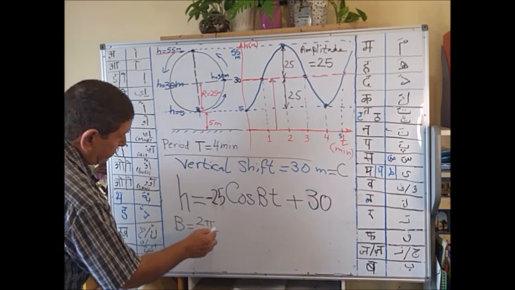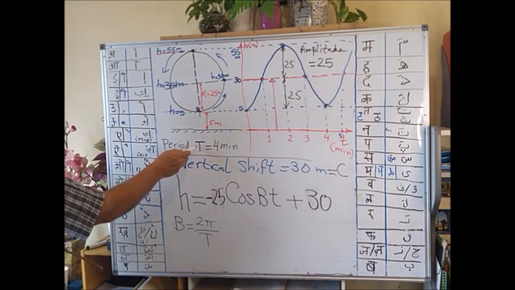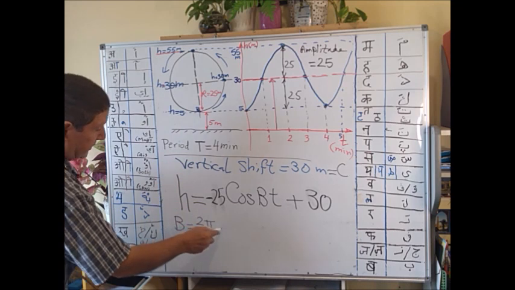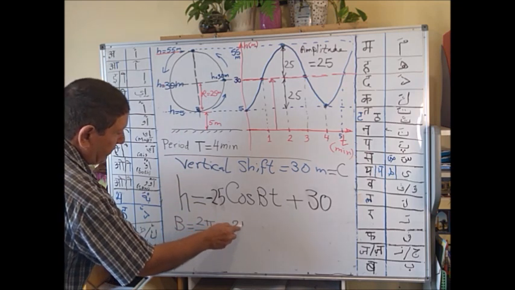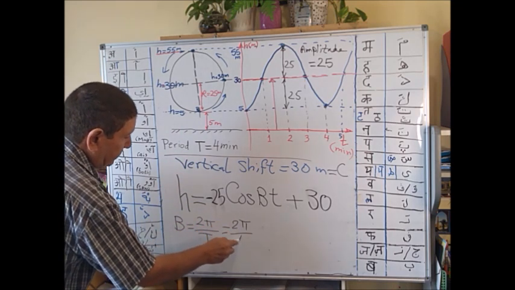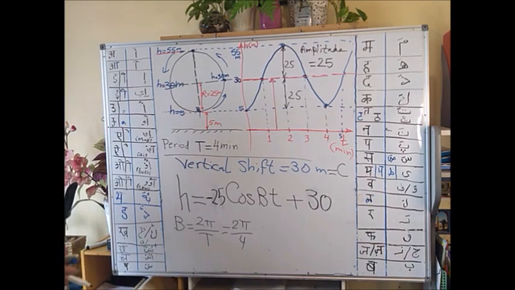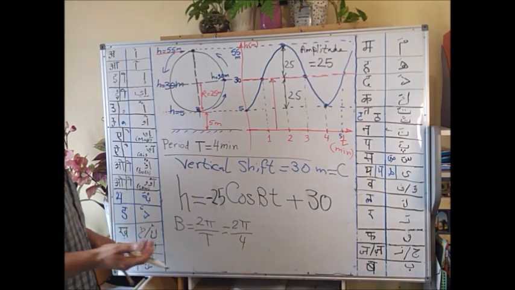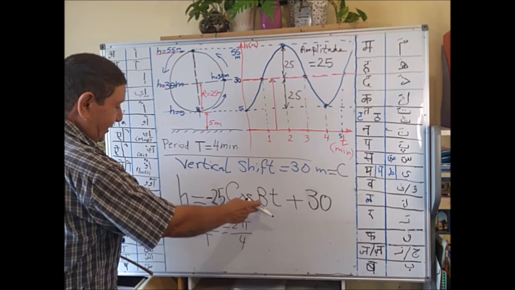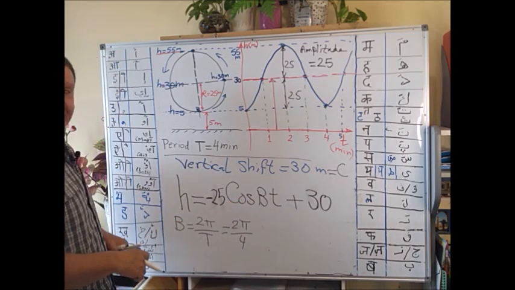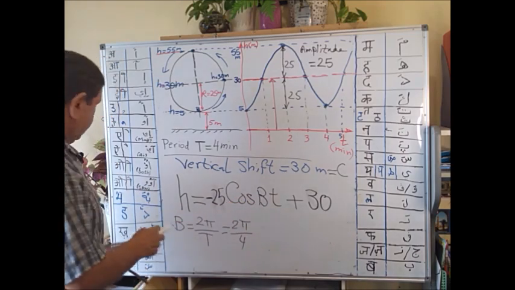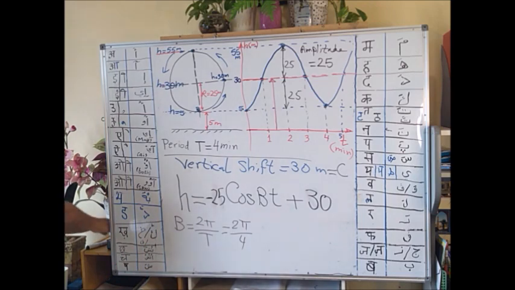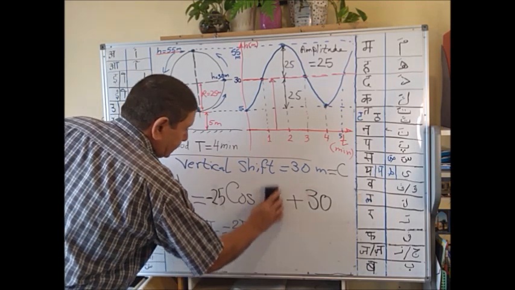But T here is 4 minutes, so we say 2 pi over 4. As simple as that. So we replace B with 2 pi over 4. Easy? Yeah, that's basically it.